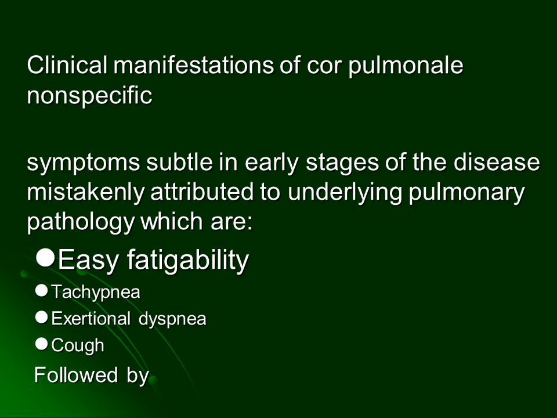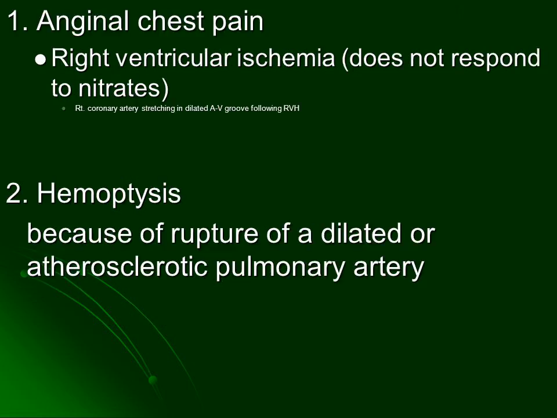Clinical features. Clinical manifestations of cor pulmonale are not specific. Symptoms are subtle in early stages of the disease and mistakenly attributed to the underlying pulmonary pathology, which are easy fatigability, tachypnea, exertional dyspnea, and cough, followed by: 1.